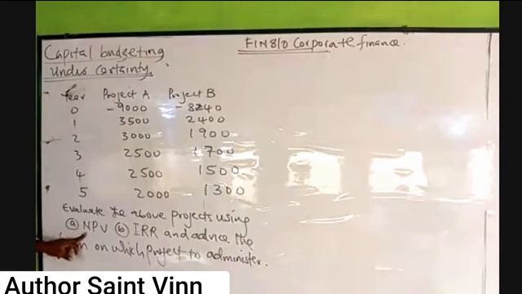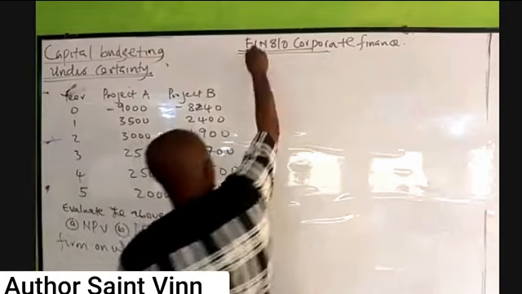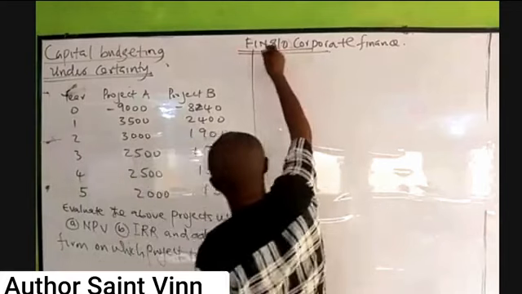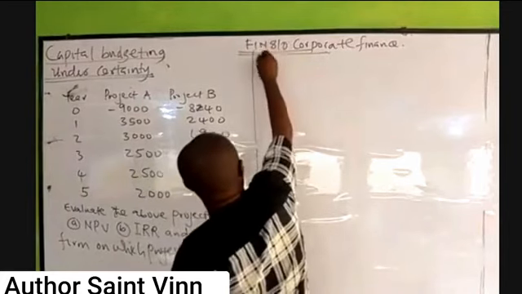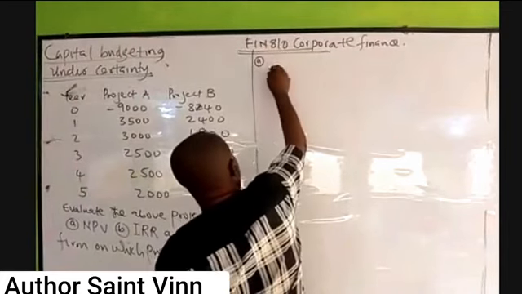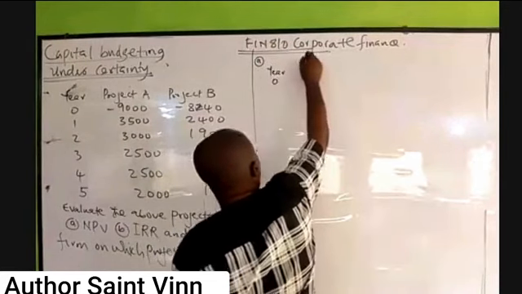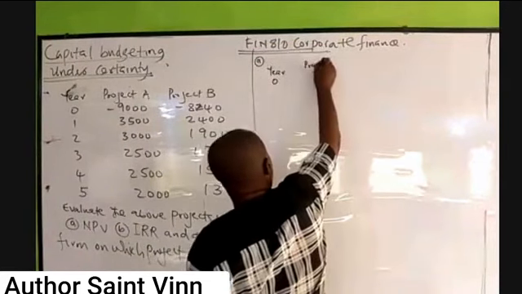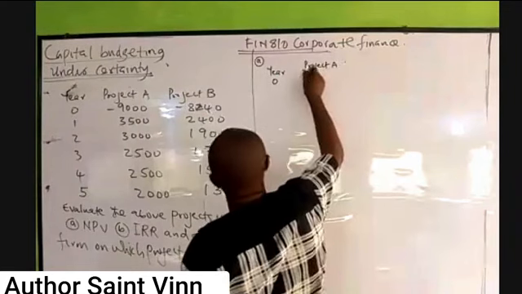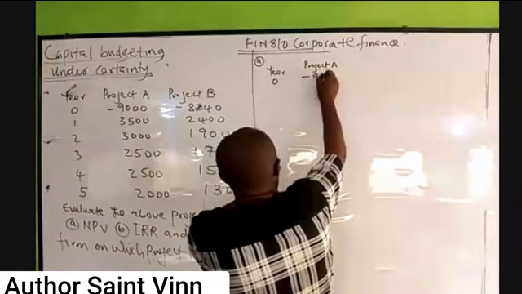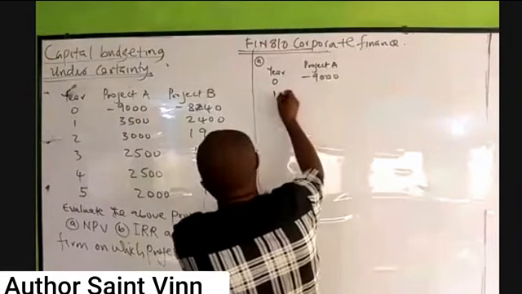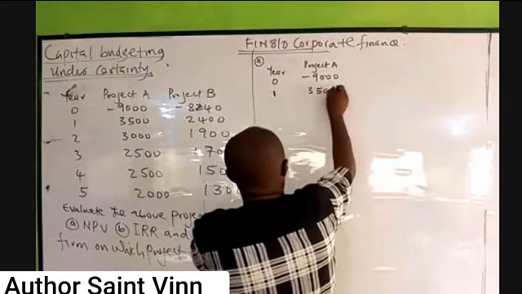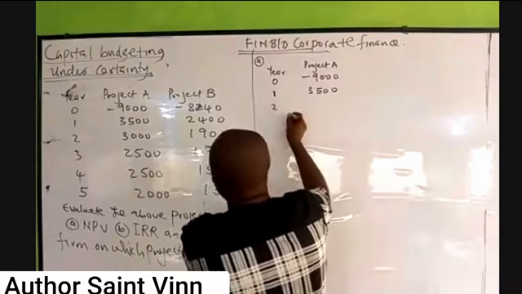Do we need to start again? Okay. We have the answer there, but we have to pull on the table. No problem. We'll just run it. We are looking at NPV, which is the first one. So we'll have to write the thing back. Project A. This is minus 9,000. Year 1, 3,5. Year 2.